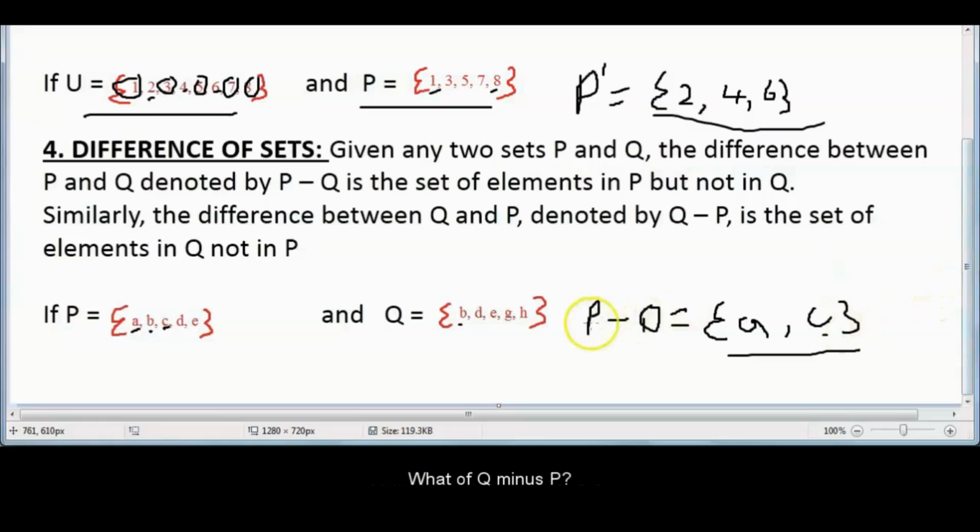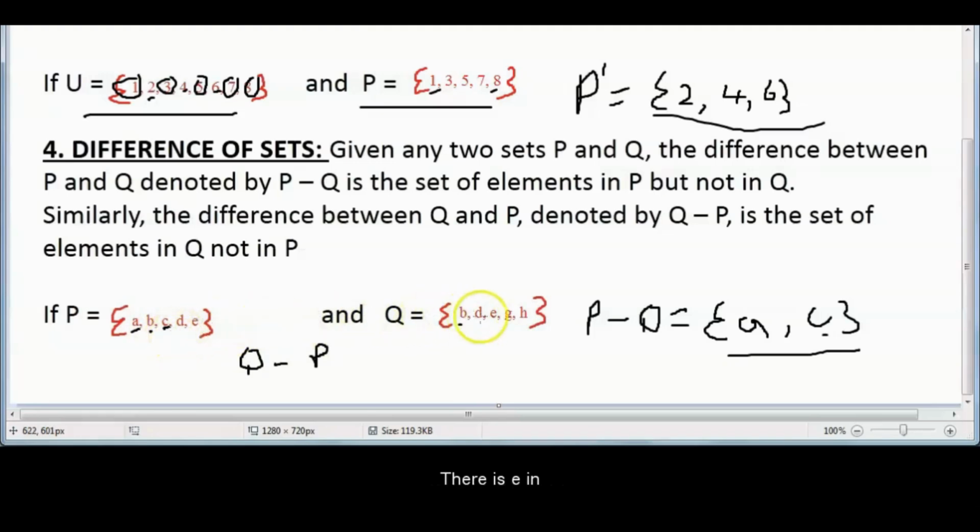What of Q minus P? There is B in Q and there is B in P. Leave it out. There is D in Q and there is D in P. Leave it out.